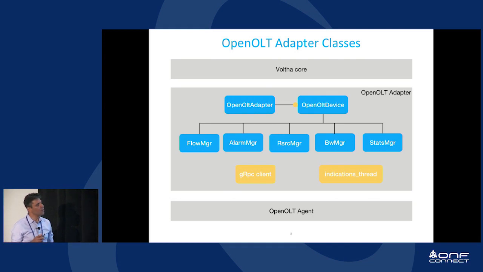The OpenOLT device class implements the core functionality, which is ONU management and interface management, basically the ONU management and the state machine of the OLT itself. There are other supporting classes, and we have designed it this way so that if a particular vendor has to implement different functionality in a particular area, they can easily subclass these classes or substitute their own.